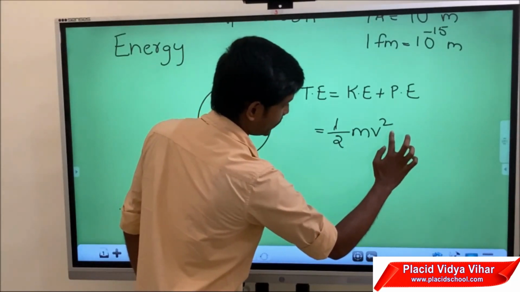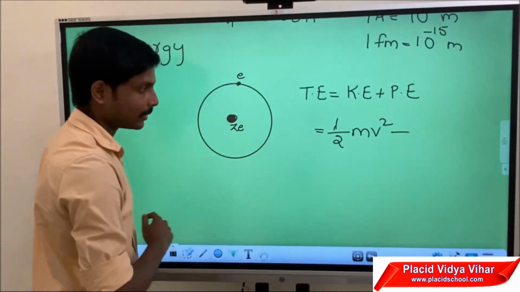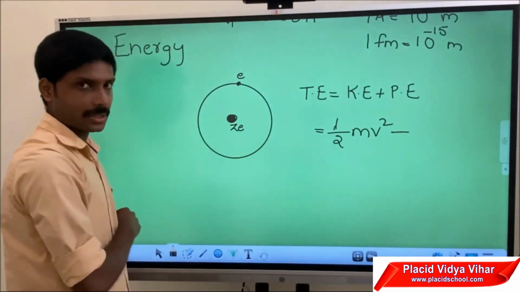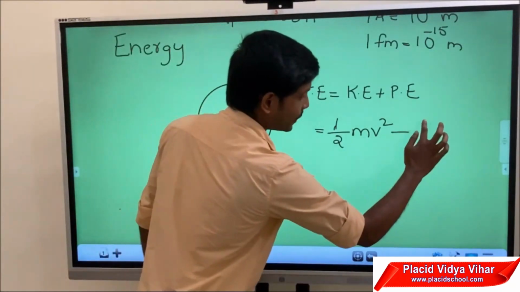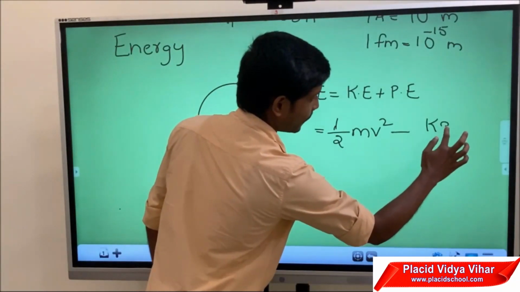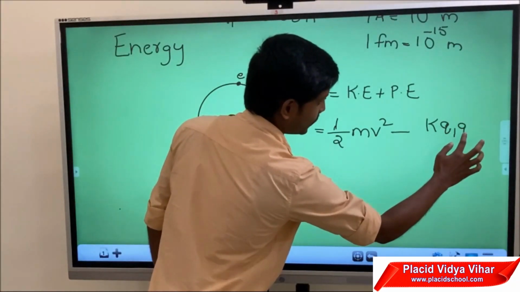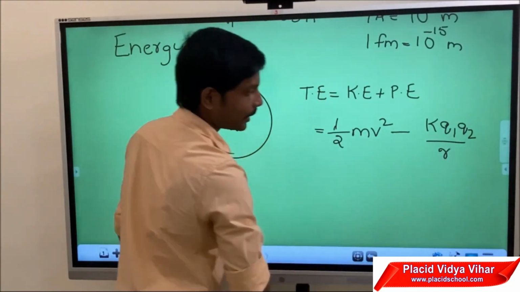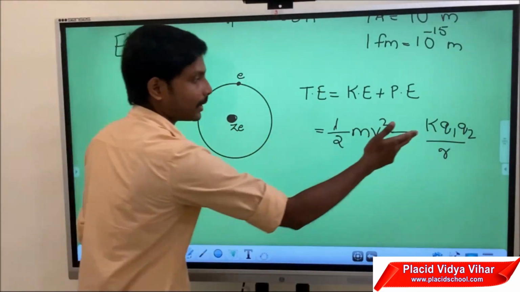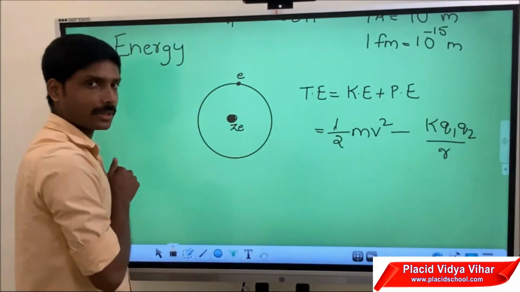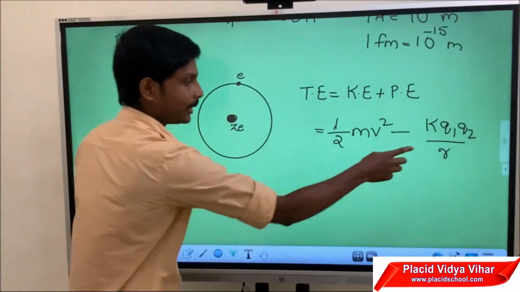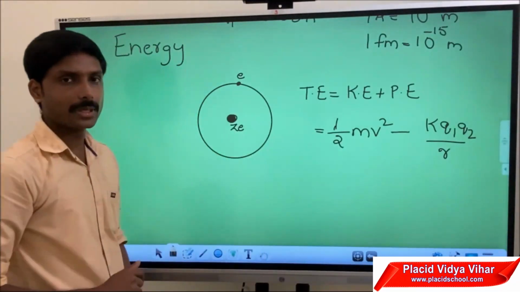And what is the potential energy of a particle having a charge? It is k q1 q2 by r. Here q1 is the charge of the nucleus, q2 is the charge of the electron, and r is the radius of the orbit.